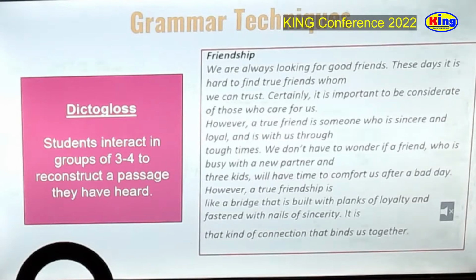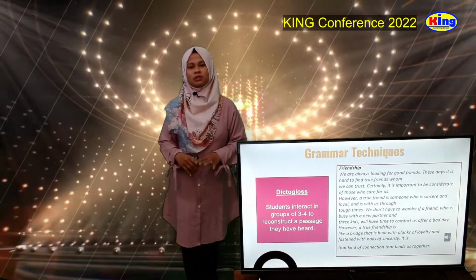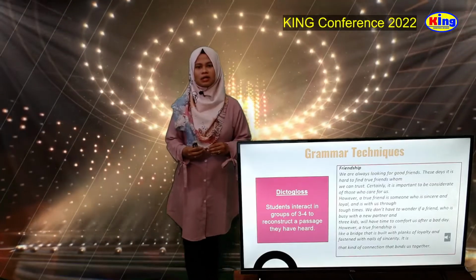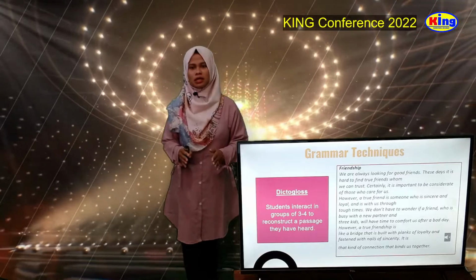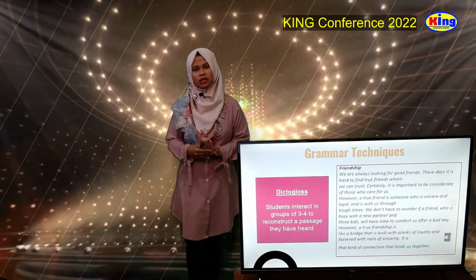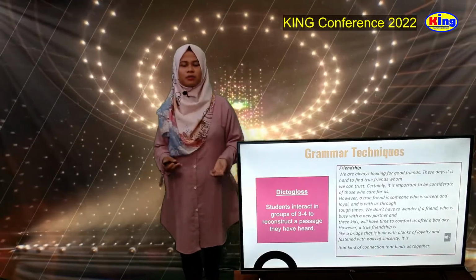And then we go on to the passage, and you can ask your students to read or to hear it, based on your course. After that, ask your students to reconstruct this passage based on their knowledge. Then you have to correct the grammar, especially in this case, you can reconstruct relative clauses. That is how it works for your students.